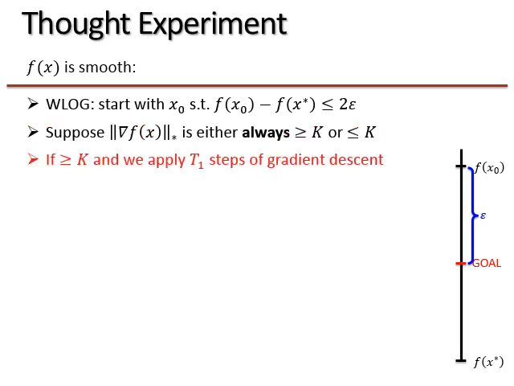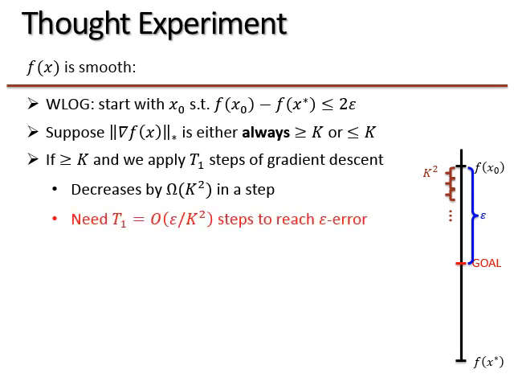If it is the former case, I want to perform T1 steps of gradient descent. One can do the analysis and see that every single step of gradient descent decreases the objective by at least k squared, if the gradient is at least of size k. And therefore, in order to make a total progress of epsilon, T1 only needs to be epsilon over k squared.